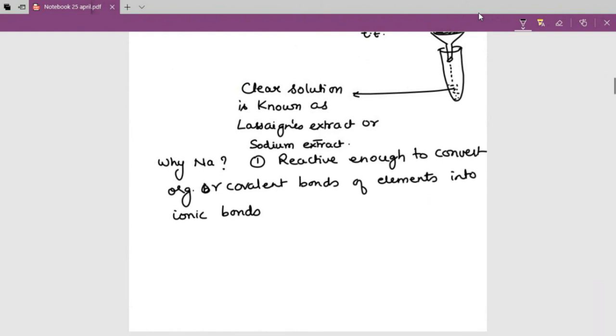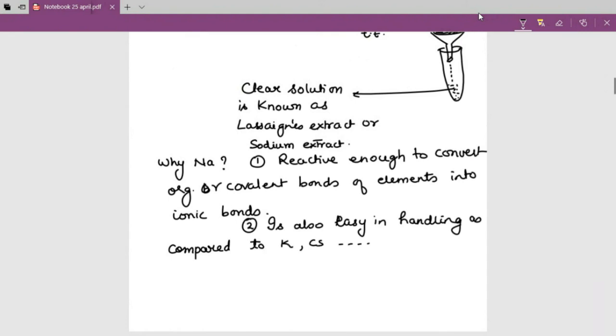Then we can apply all our usual qualitative analysis tests. And second, it is also easy in handling as compared to potassium, cesium, etc.